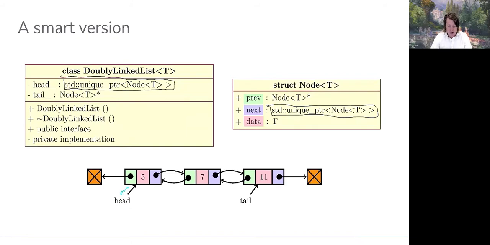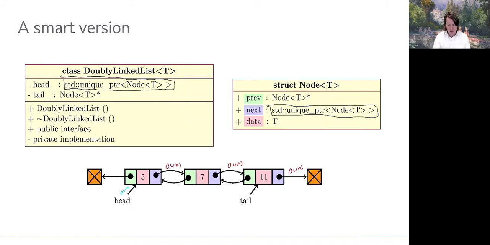In turn, the node storing 5 owns that which stores the integer 7, which in turn owns that which stores the integer 11, which in turn owns, well, nothing. But we can go ahead and write it out. But that's the ownership chain here. Starting from the head, we can see that there's a clear chain of ownership from the head all the way to the last node within the sequence.